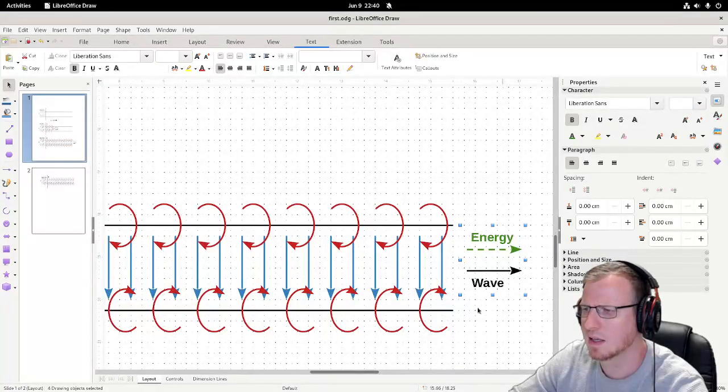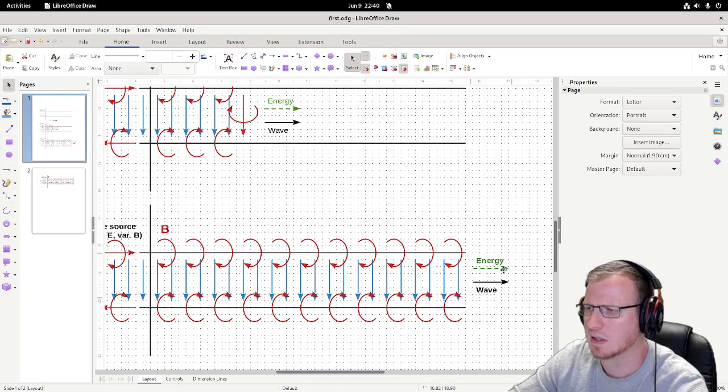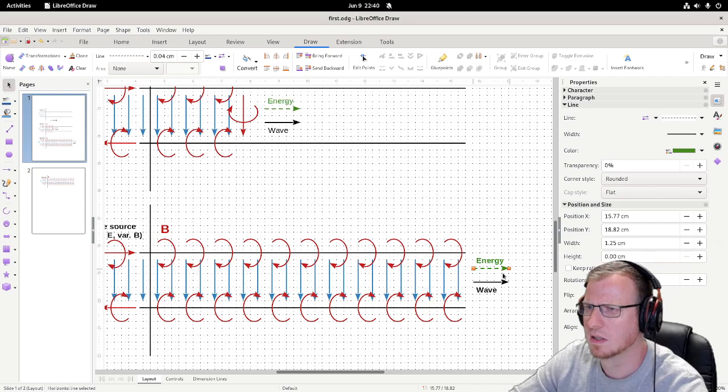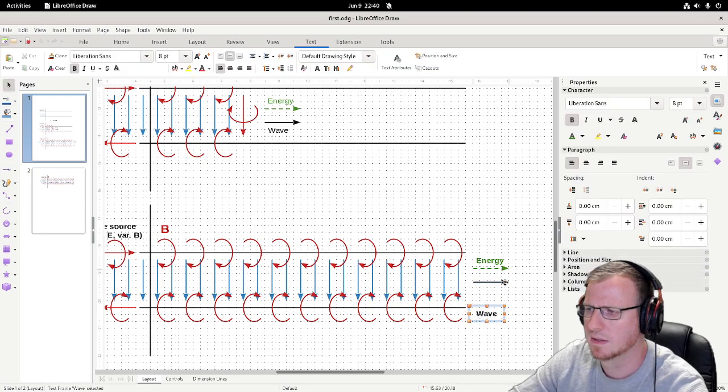It looks like there is no energy flow anymore, but there is. So oh man, come on.